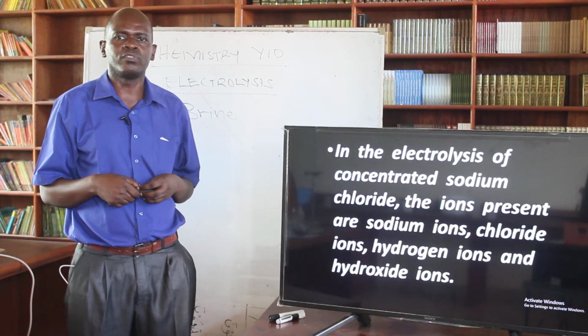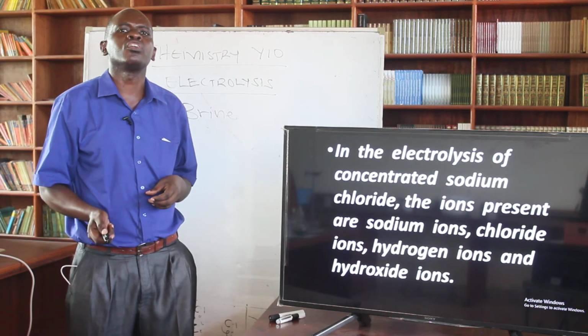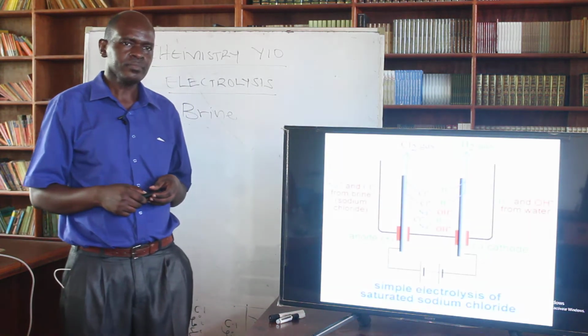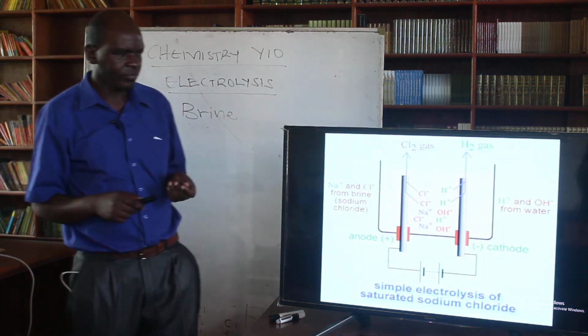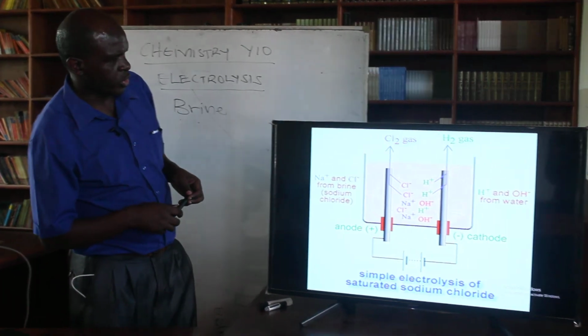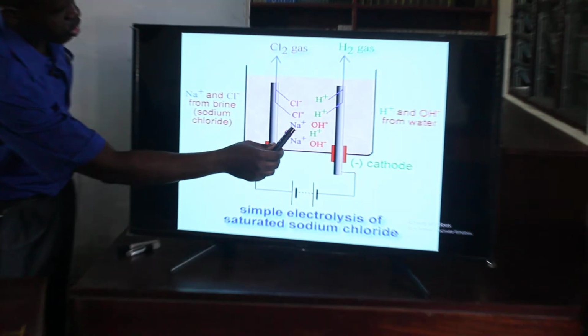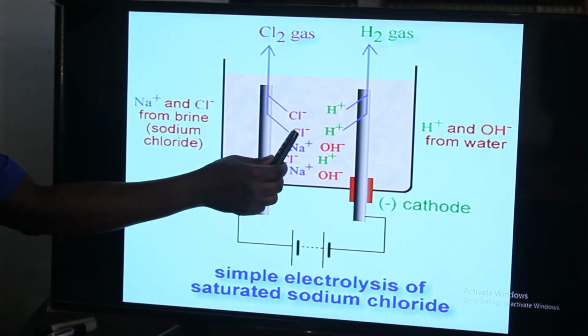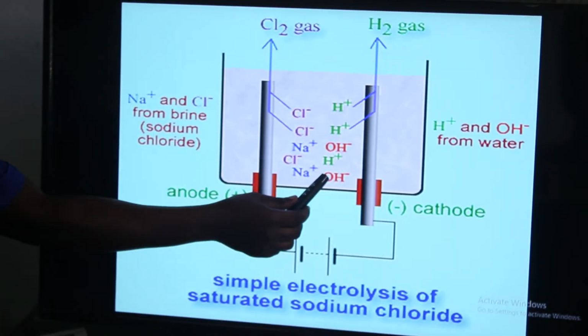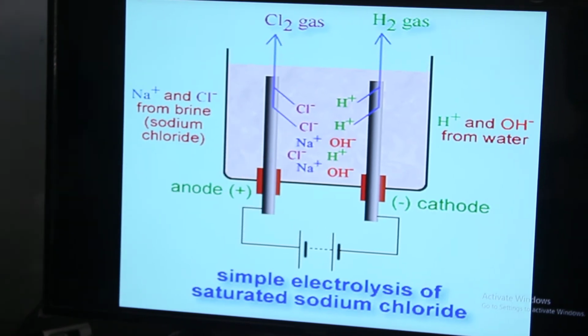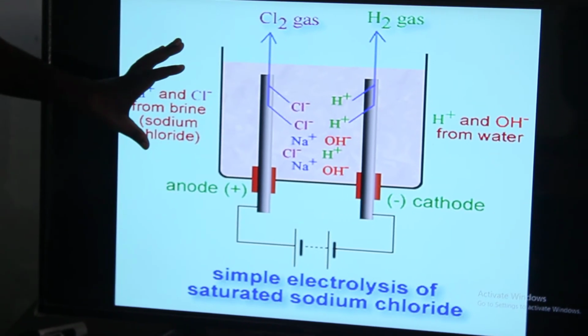The diagram shows the types of ions present: sodium ions, chloride ions, hydroxide ions, and hydrogen ions, all of them in the electrolyte.